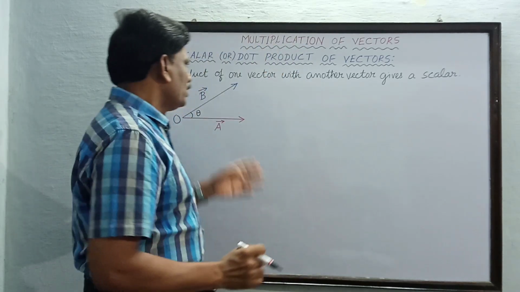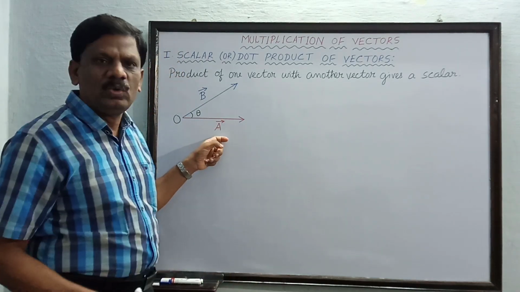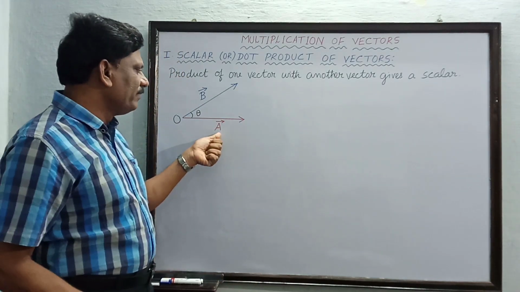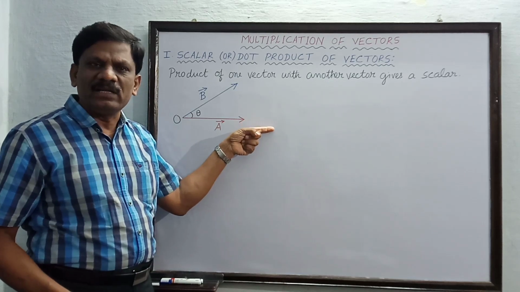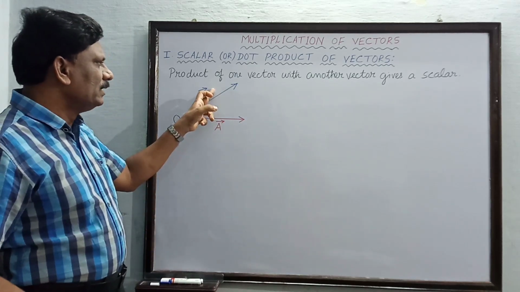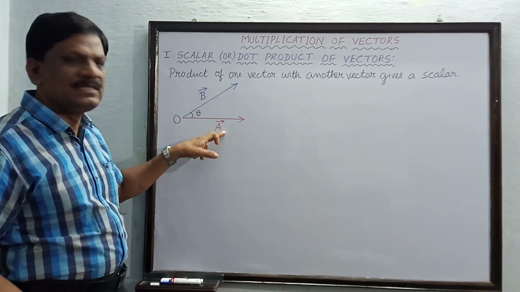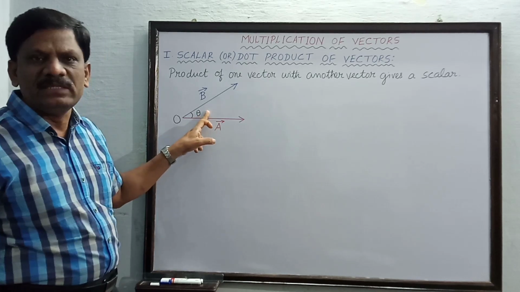Okay, now you see here I have taken two vectors, vector A which is acting along the horizontal and vector B is inclined to the horizontal by an angle theta.